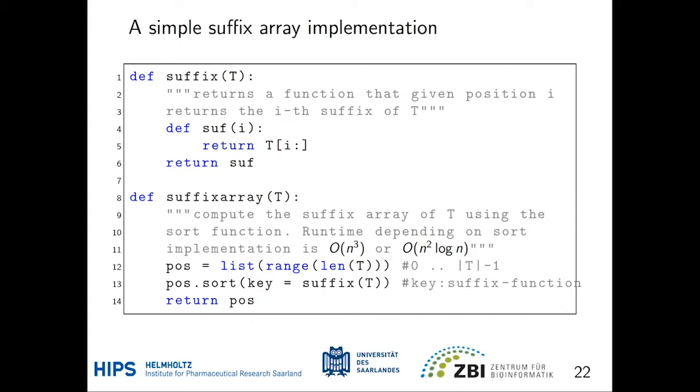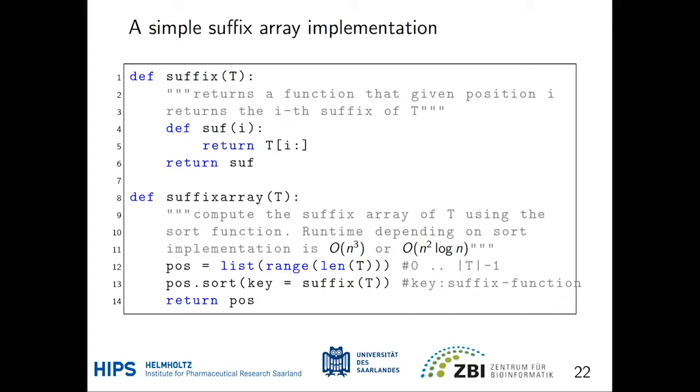So this is a very naive implementation of suffix array construction that makes use of these specific Python methods and functions. The runtime of this implementation depends on the implementation of the particular sort method, and it usually is going to be big O of n cubed or big O of n squared times log n.